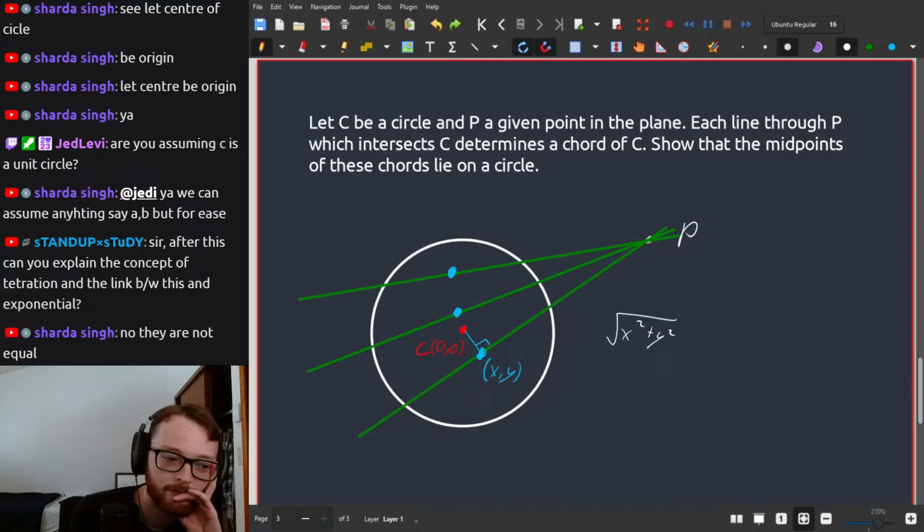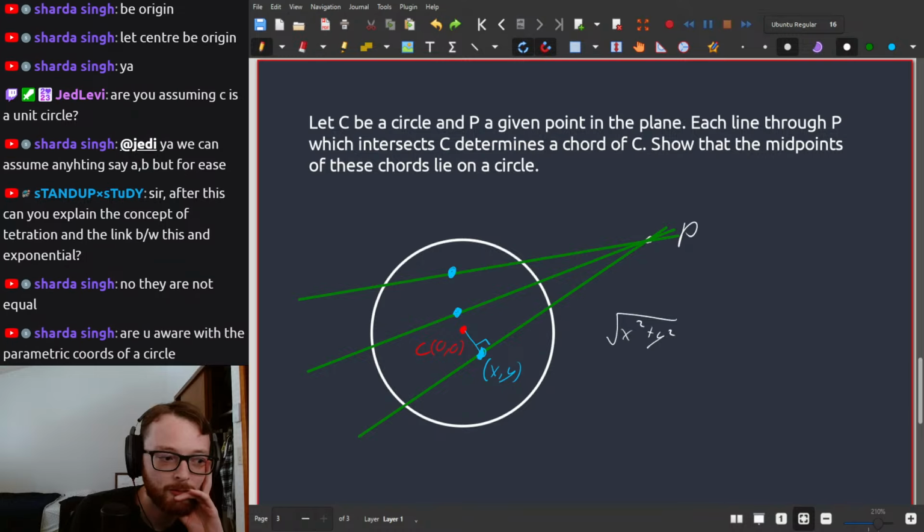They aren't. So P is not the center of the new circle?